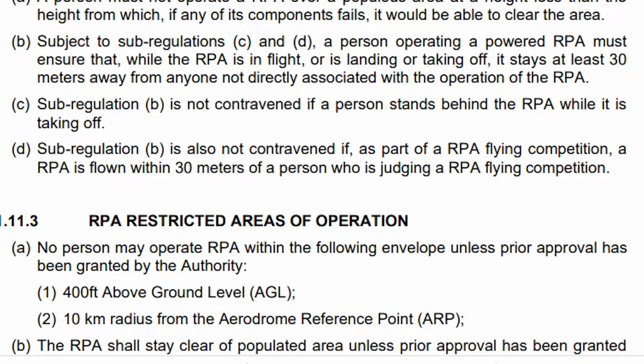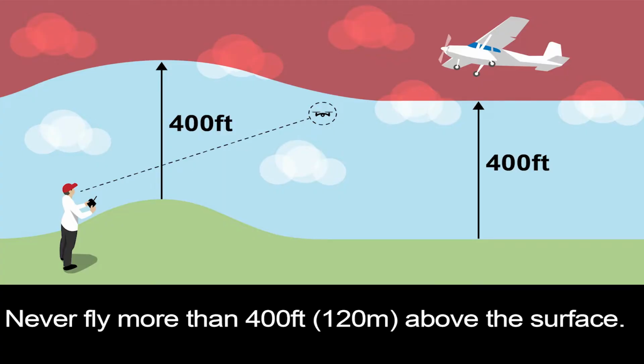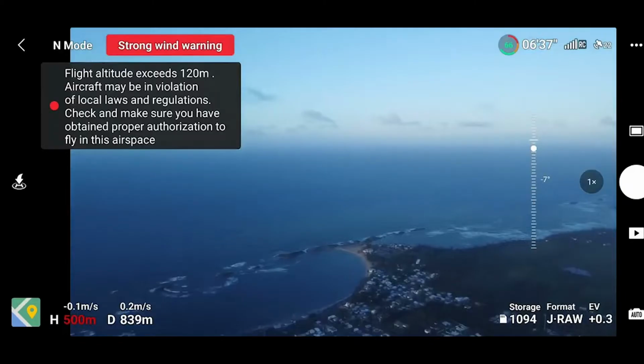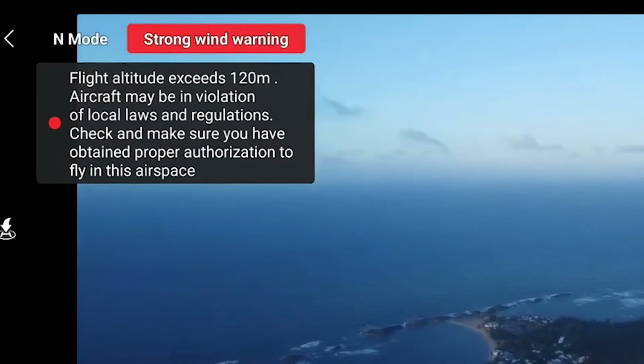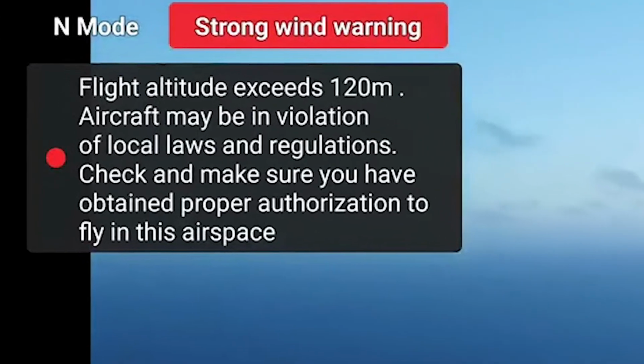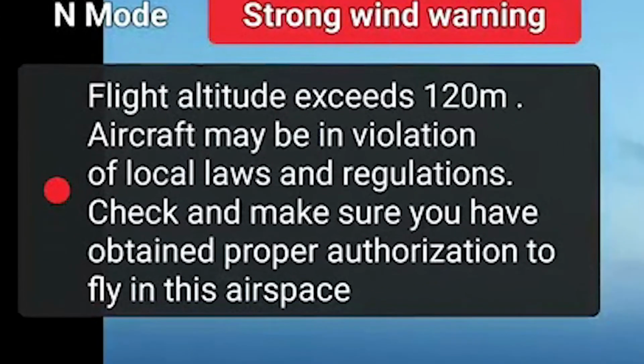the RPA restricted area. Here, for the restricted area, they give two limits: you cannot fly higher than 122 meters. In your drone, when you try to go above 120, it will automatically say you are trying to fly in an unauthorized place, you need authorization, and so on.